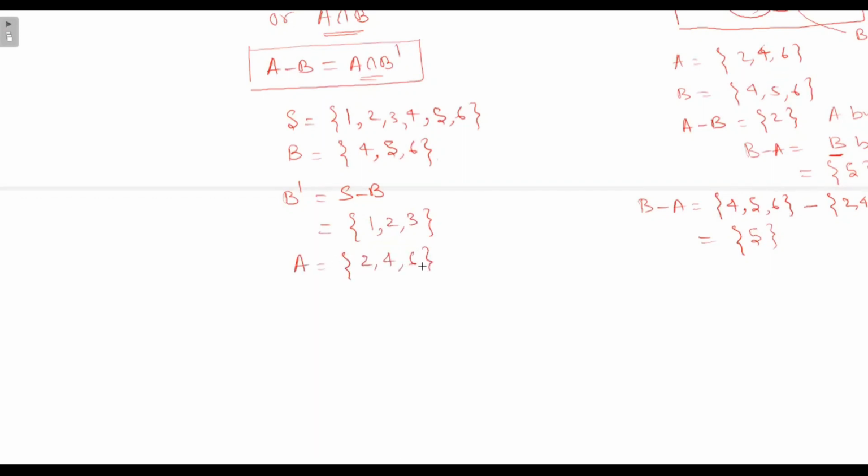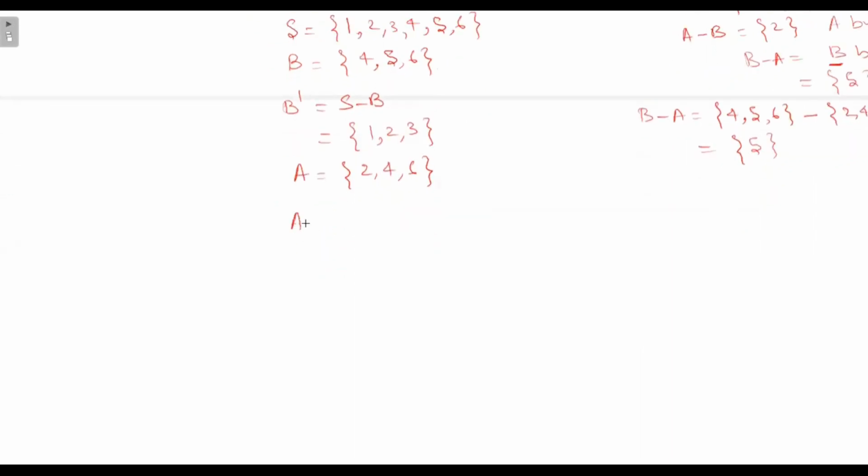Now, do you know how to take the intersection? So we are done here. Now let's look at A minus B separately. We're saying that is A intersection B complement. So our A is 2, 4, 6. My B is 1, 2, 3.